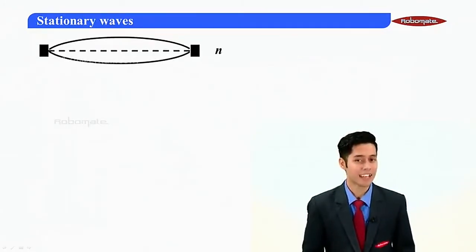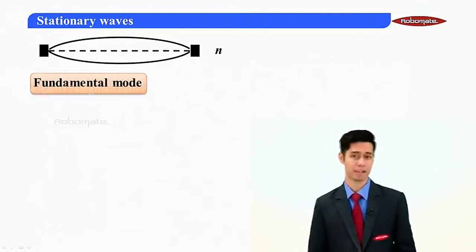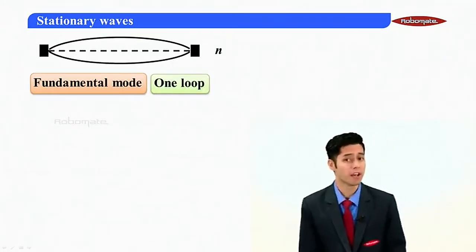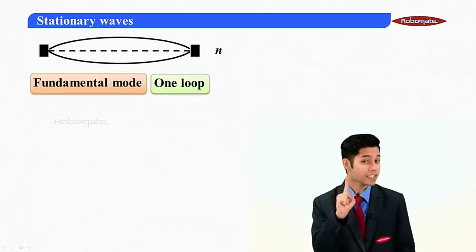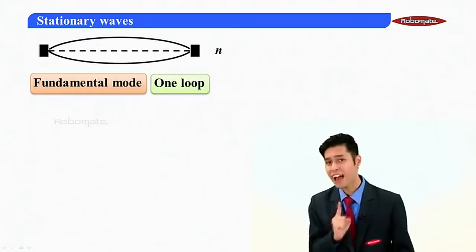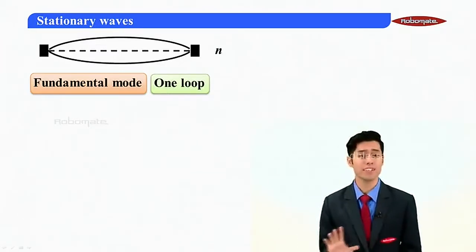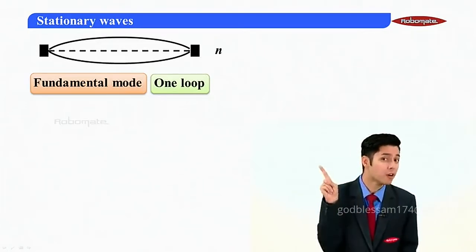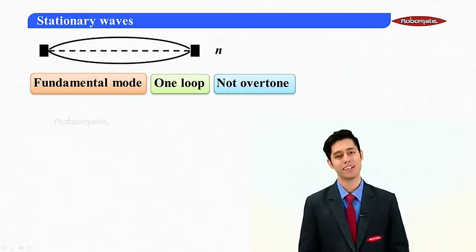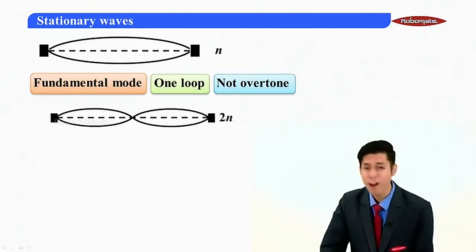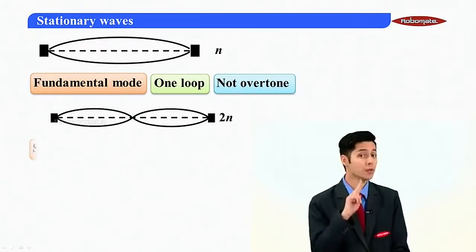So let us now understand overtone with the help of a diagram. In this fundamental mode, I know it is the fundamental frequency or basic frequency or the first harmonic. So can I say all other frequencies apart from the first harmonic are overtones? So will this be an overtone? No, this will not be an overtone. After understanding this, we move ahead to the second case in which there are 2 loops.